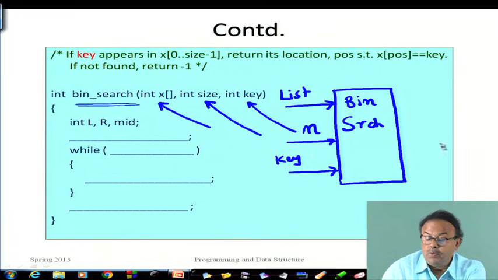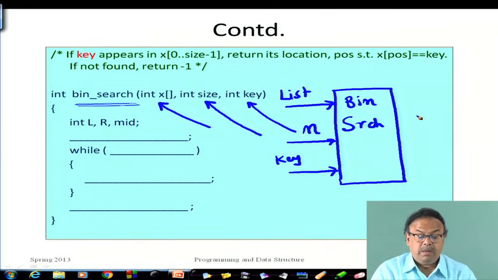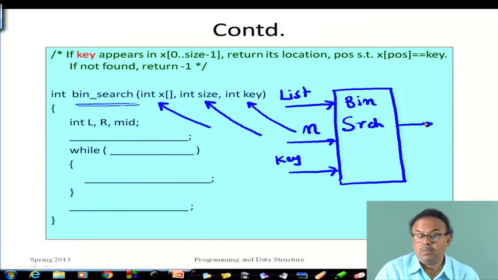And what will the output be? Bin search will tell us whether it has been found or not, so it will be a 0 or 1, found or not, or it can return us an index also.